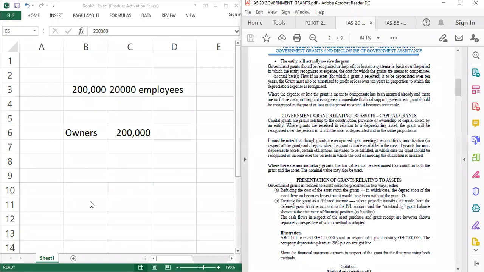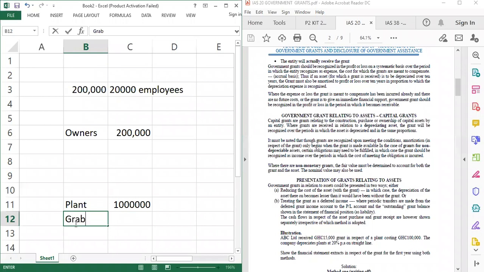What we are saying is that we are going to buy plants, and the cost of the plant is 1 million. The government has given us a grant of 200,000.